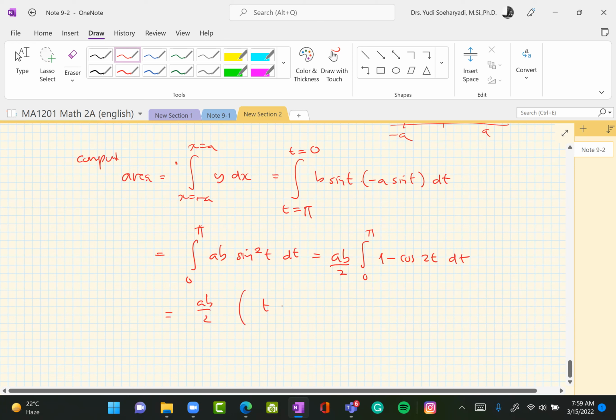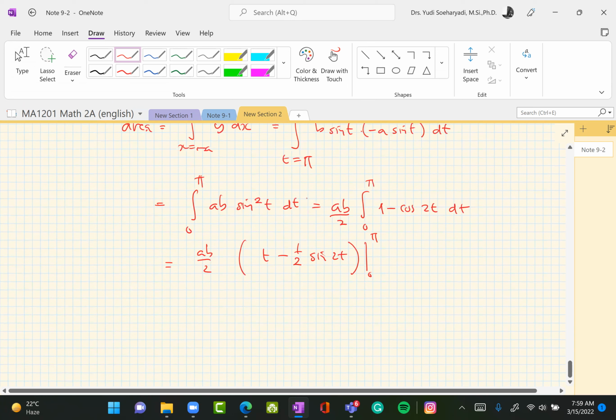And minus one half cosine, yeah, becomes sine 2t, from 0 to pi. With sine, this gives you 0. So then this is just pi. So at the end, this is what you get: ab pi.